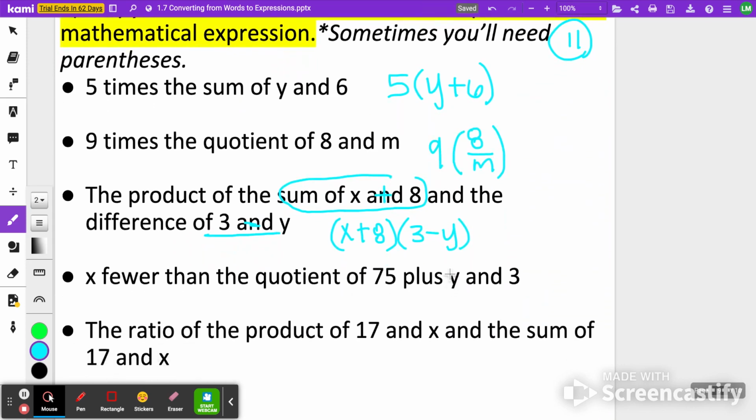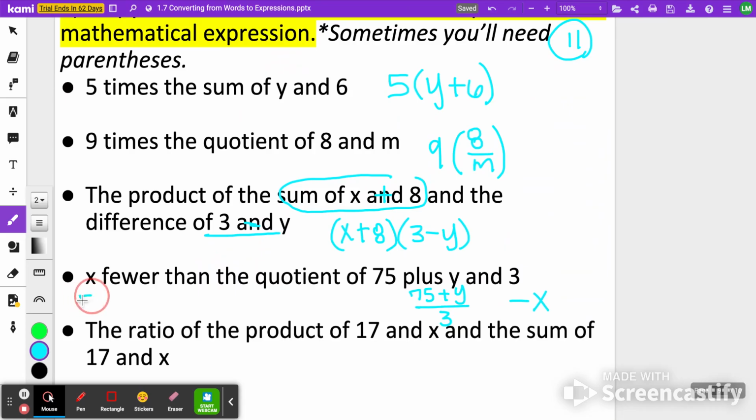X fewer than the quotient of 75 plus y and 3. So x fewer than, that just means minus x at the very end, the quotient of 75 plus y and 3. So we have 75 plus y on the top over 3 and then minus x.